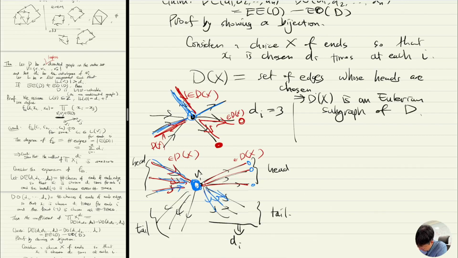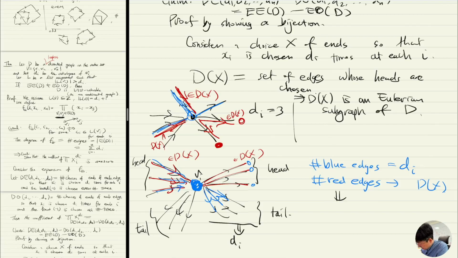So those blue edges chose v1. So the number of blue edges, no, not di, right? And the number of red edges are edges in dx.